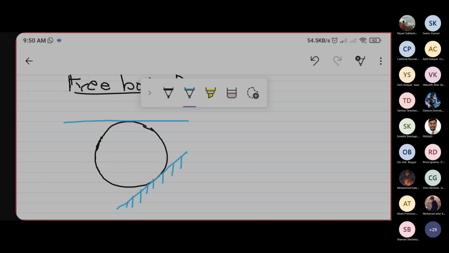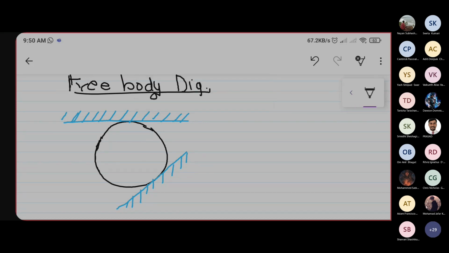When we hatch any support, that is a fixed support. Remember, if it is not shown, then it is a moving support. These are the fixed supports. Please draw this free body diagram. You can name it anyway.